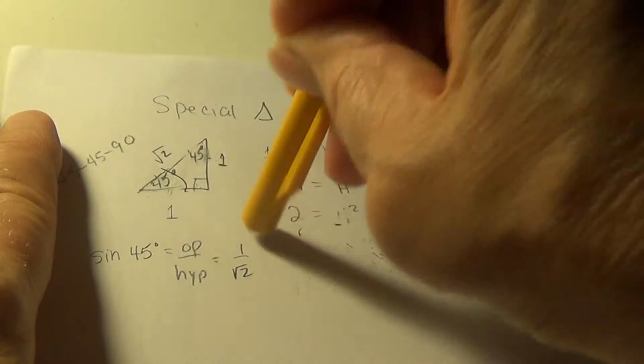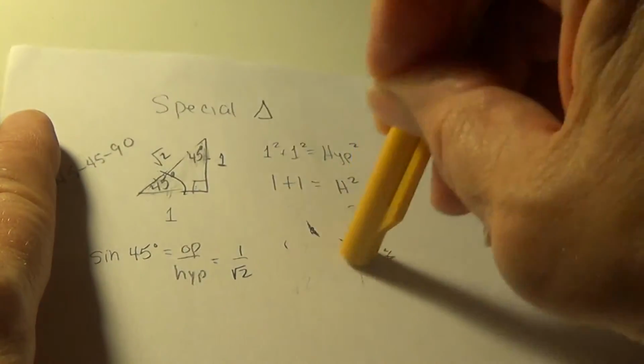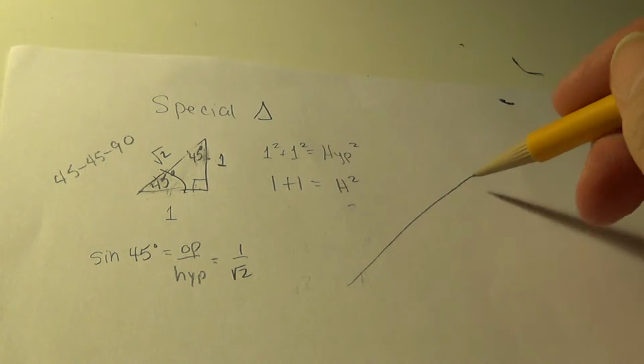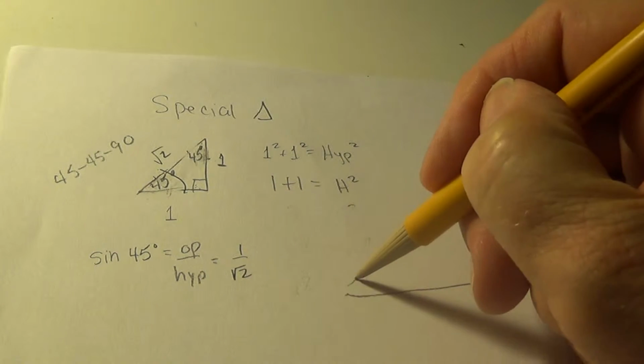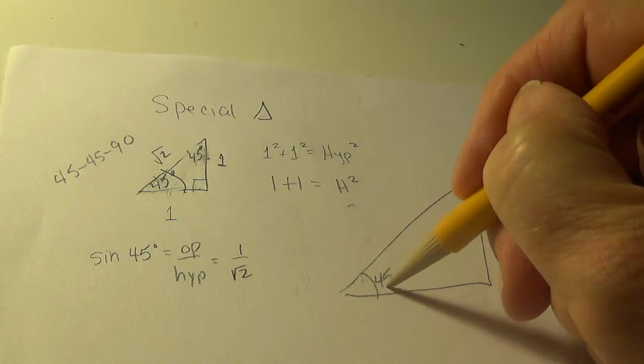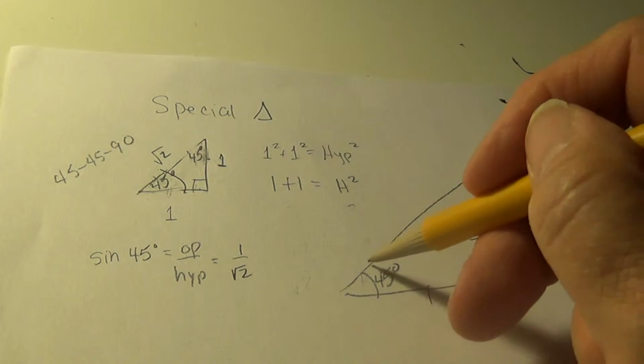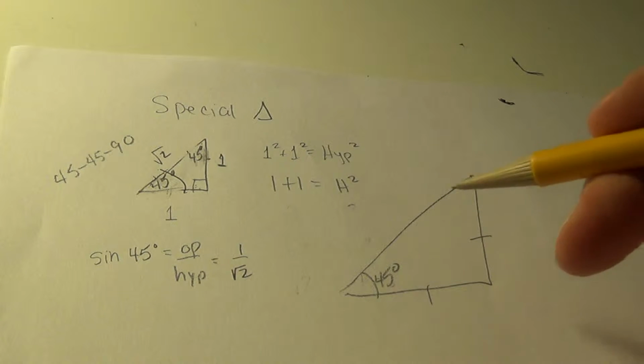And it's interesting to note that triangles can be quite large and still have an angle that's 45 degrees. So this triangle, as long as this side equals this side, the angle will always be 45 degrees.